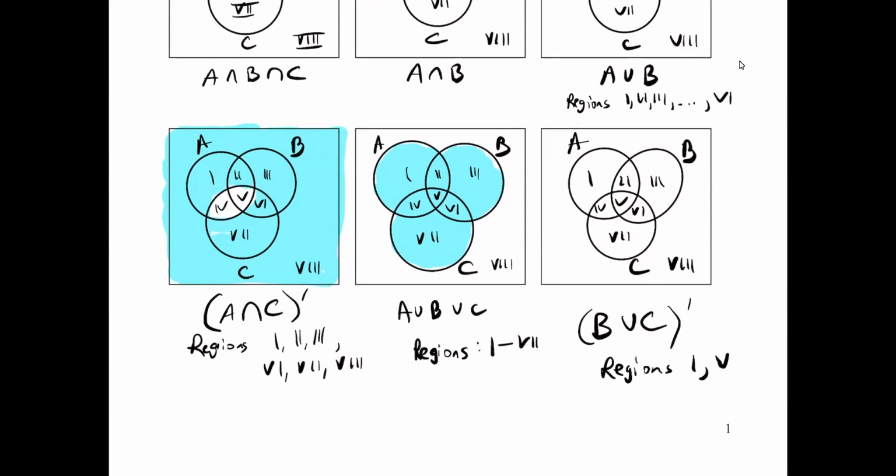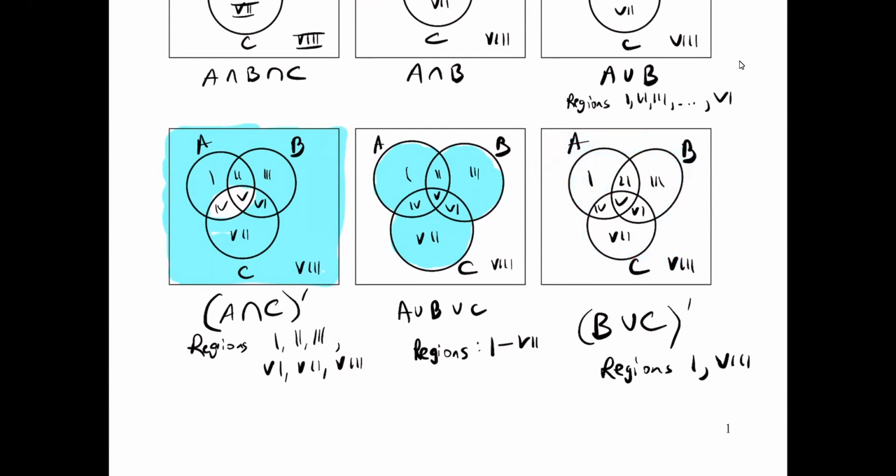1 and 8. All right, so I'm gonna highlight that 1 and 8. So basically everything outside of the circles now. It's B and C. Whoops. This one's kind of hard to shade. Let's see.